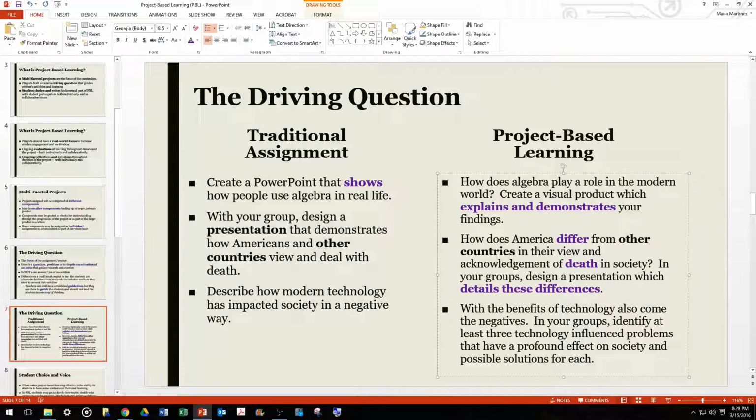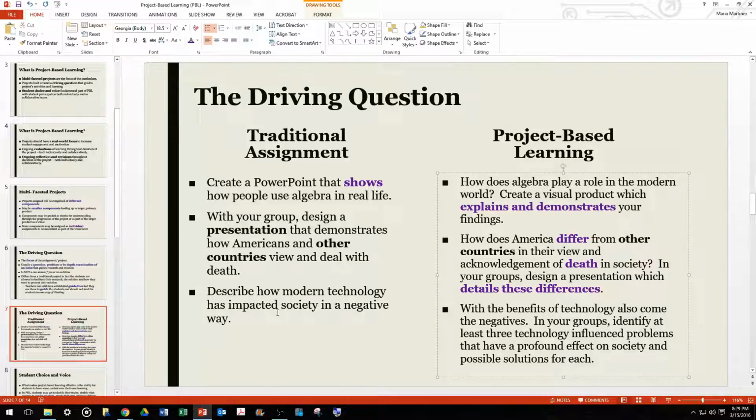And then they're going to have to talk about the differences between America and these other countries, which means they're going to have to analyze these traditions and customs. They're going to have to look at them very, very closely as opposed to just listing them.